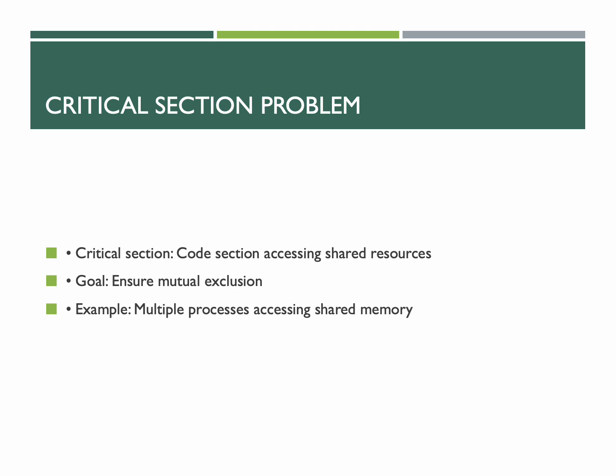This prevents race conditions and maintains data consistency. For example, consider a scenario where multiple processes are writing to the same memory location without proper synchronization. One process might overwrite another's data, leading to inconsistent results.